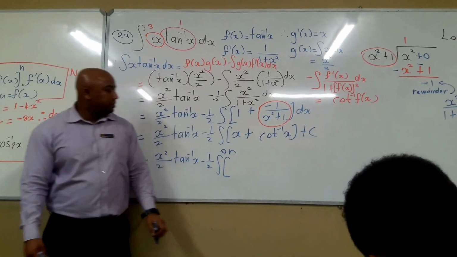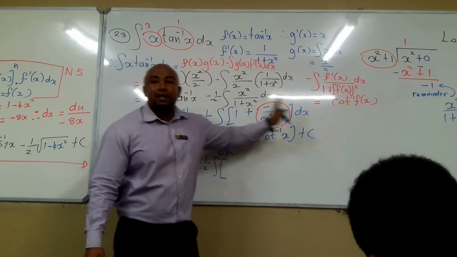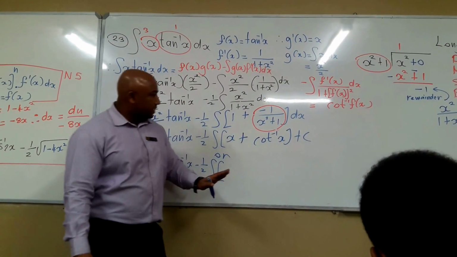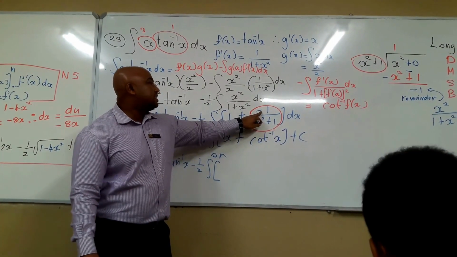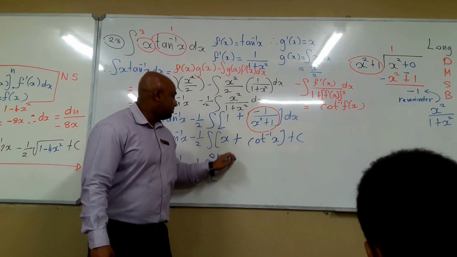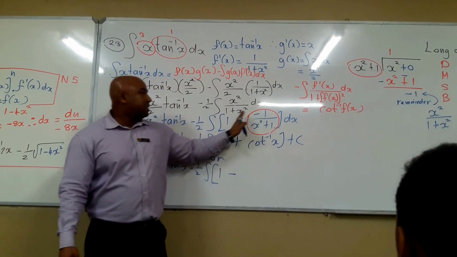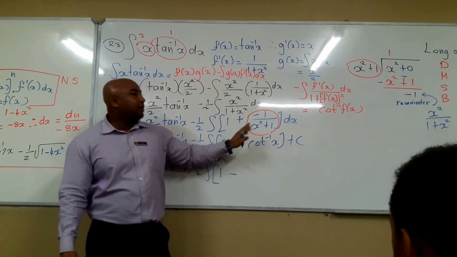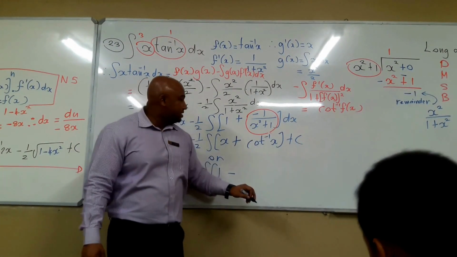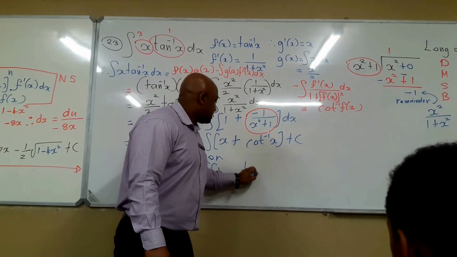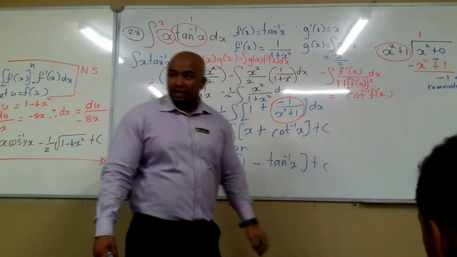Or let's assume that you multiplied first. So what did you do now? You realize there's a plus, there's a minus there, so you wrote it as positive times negative is a negative. So if I change this to a negative, that means we now have just 1 over 1 plus x squared, which is going to be inverse tan. So both versions are correct.